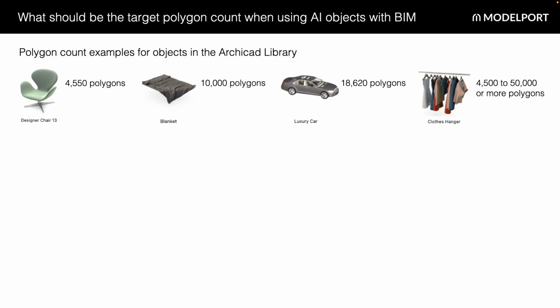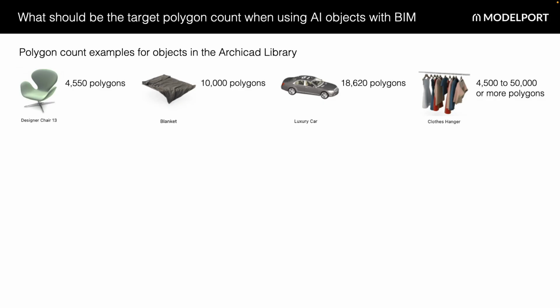Or maybe as an exterior rendering, we want to have a car in there. Well, that's going to be 18,000 polygons. Or clothes hangers. Maybe we want to add that to a closet because we're going to have an exposed closet and we want to see those in there. Well, that can go anywhere from 4,500 up to 50,000 polygons, depending upon how many clothes we have.